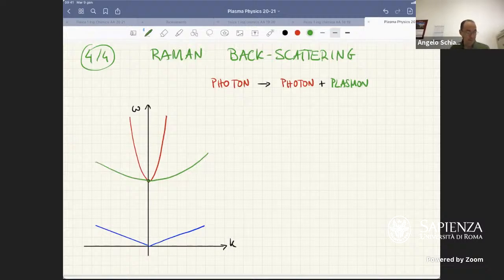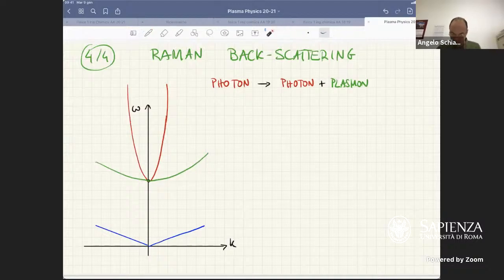So in this case, it's a little bit more difficult to find the solution, because we don't have a straight line, but we can, for instance, take a point. We have to go a little bit higher, as we did before with the two plasmon decay. Let's start with the transmitted plasmon.